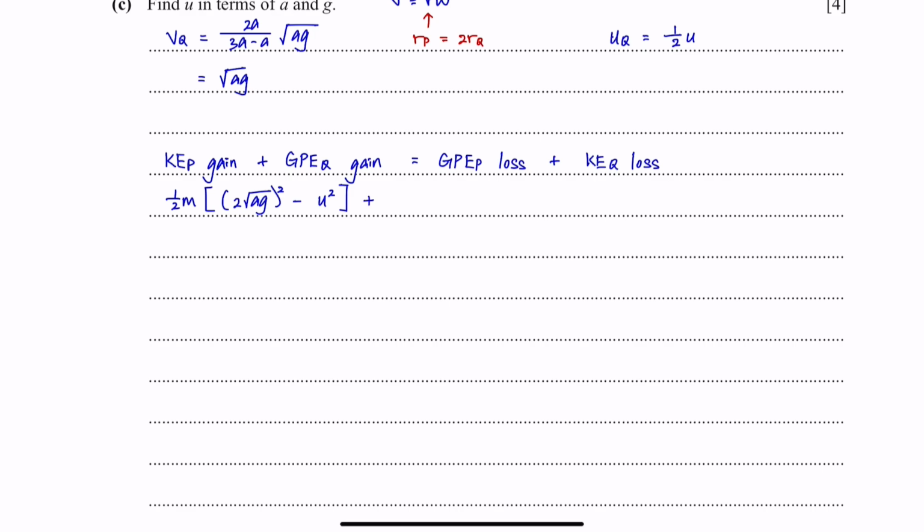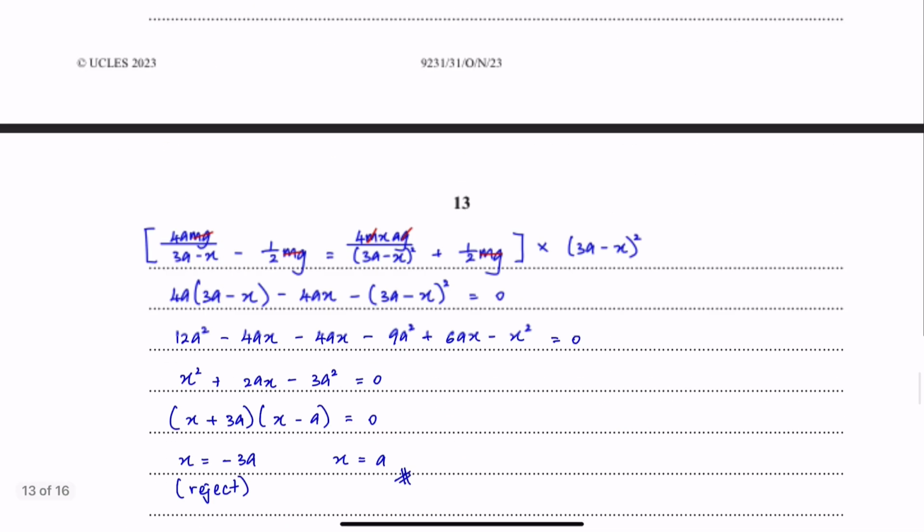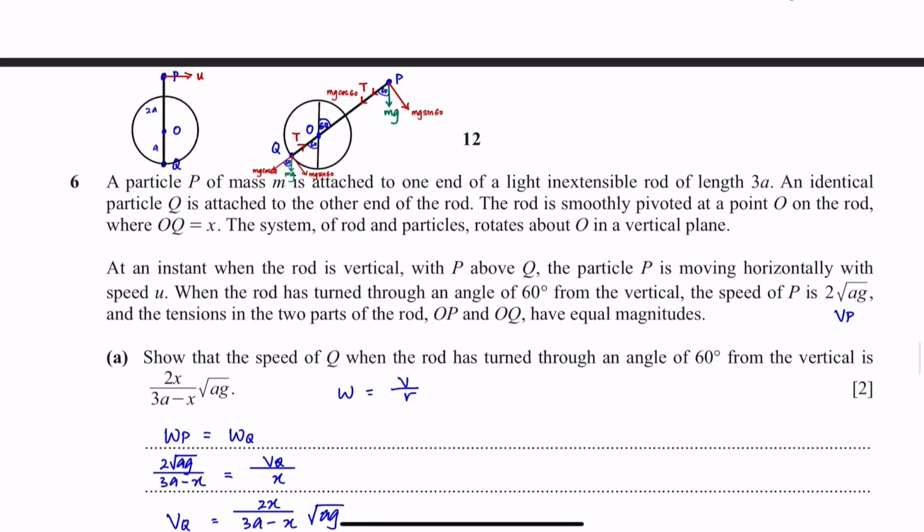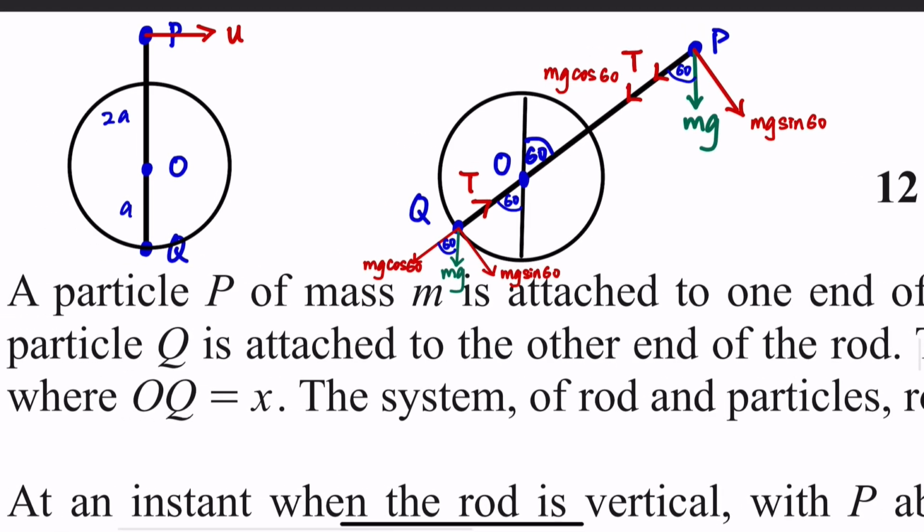For the gravitational potential energy of Q gain, we have mgh. So mg, and how do we find h? This is actually the height that it increases.